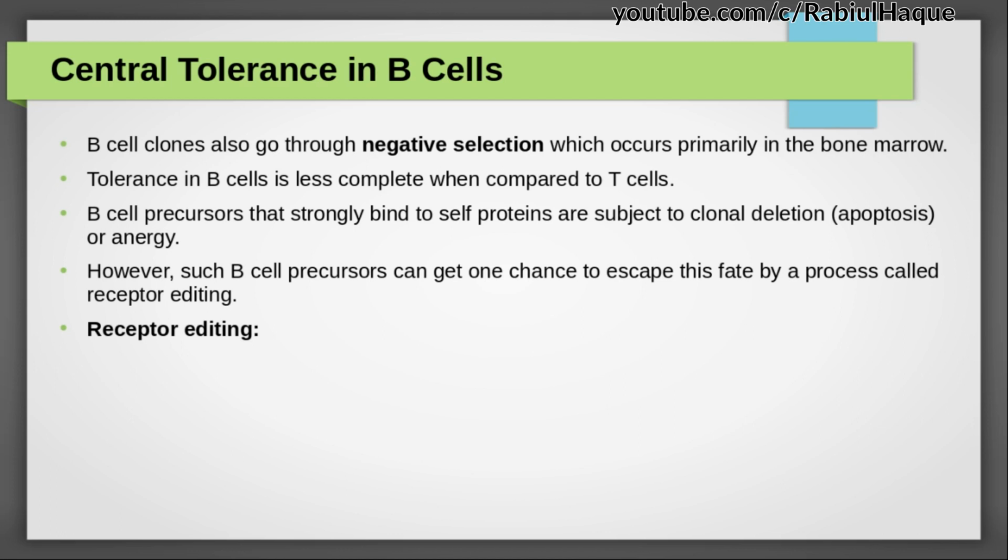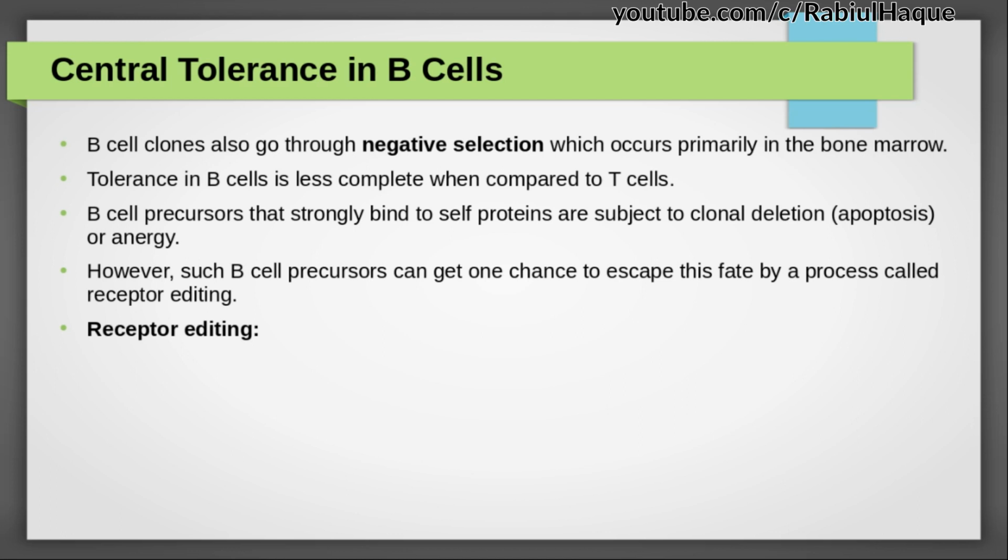They are two identical heavy chains and two identical light chains. We had also learned that these chains contain variable region and constant region. So the receptor editing is occurring in the variable region of light chain.